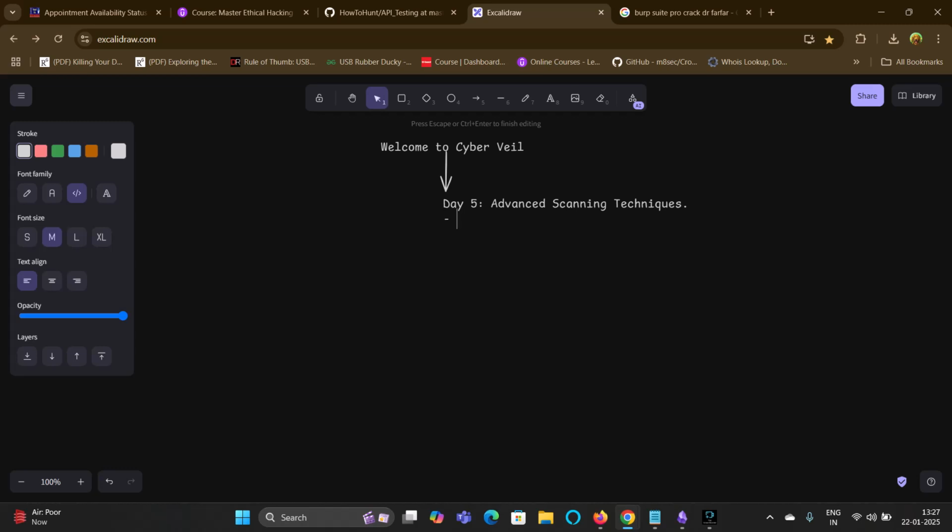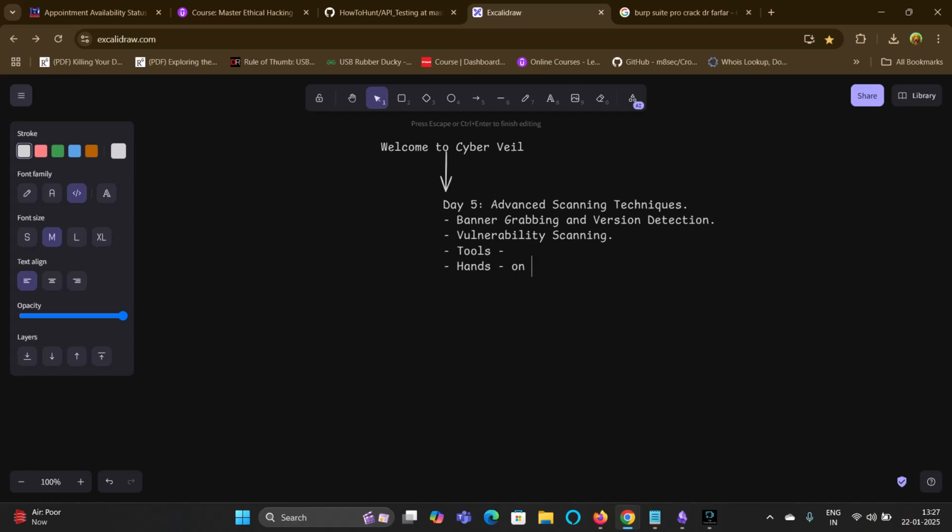Number one is banner grabbing and version detection. Next is vulnerability scanning. Next are the tools needed for all of these things like banner grabbing, version detection, vulnerability scanning. And for the hands-on, again, it is going to be a whole new video. So are you guys ready to hop on to banner grabbing and version detection and the advanced scanning techniques?